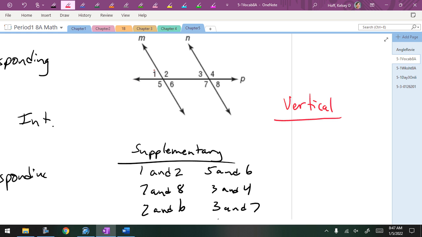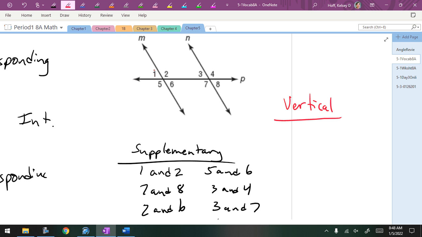Supplementary: 1 and 2, 7 and 8, 2 and 6, 3 and 4, 3 and 7. Okay? Vertical angles have the same hinge point, but they are opposite. They're across from one another.